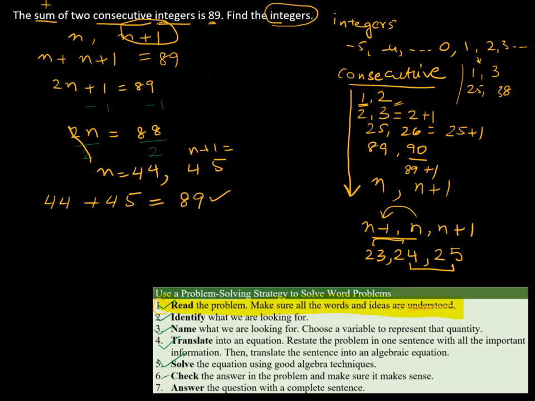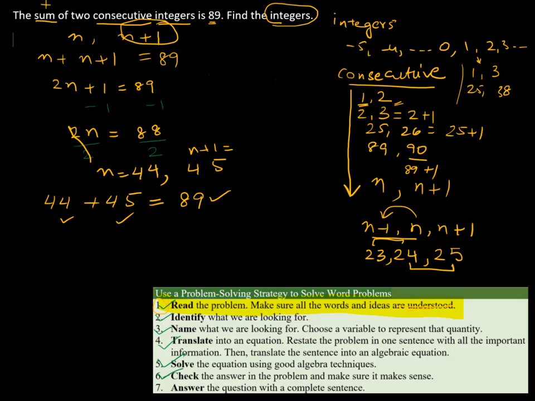That checks out. Both of them are integers, and this is a set of consecutive integers. They are next to each other. We are not jumping any number in between them. So looking at all those things, I think our solution checks out.